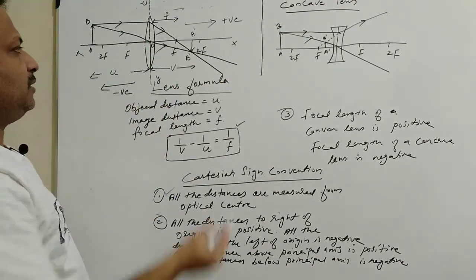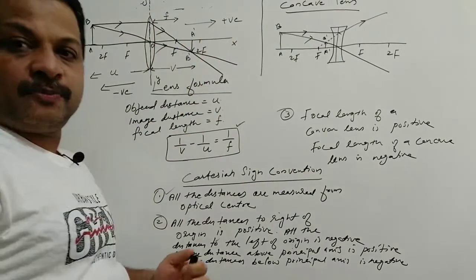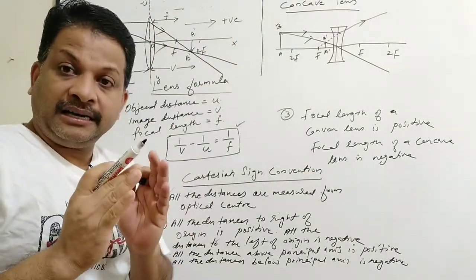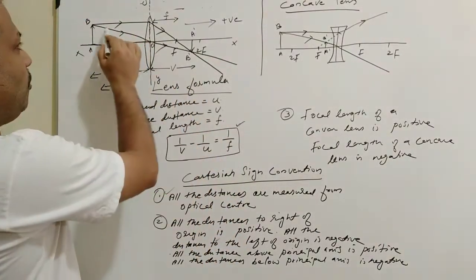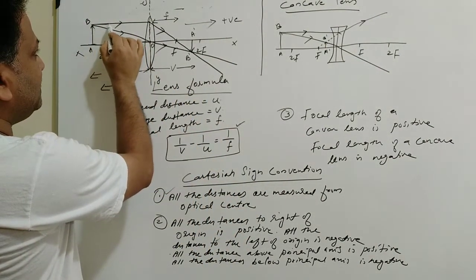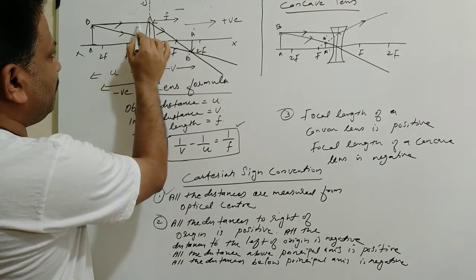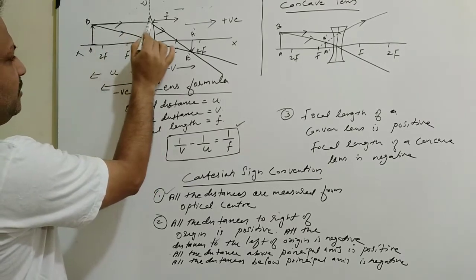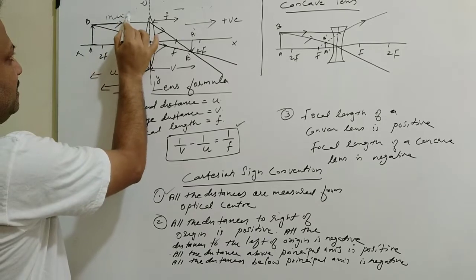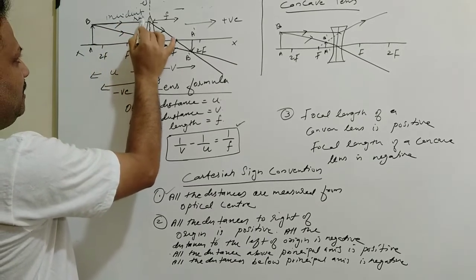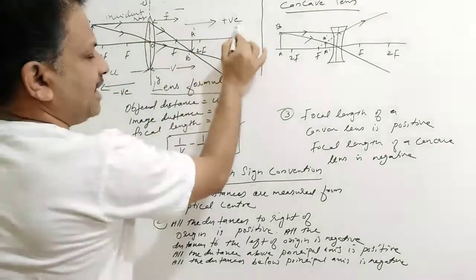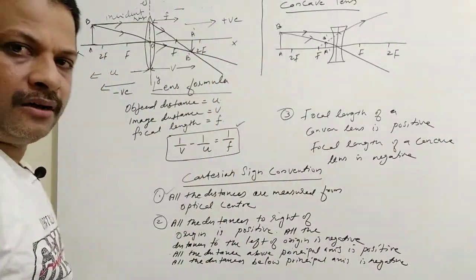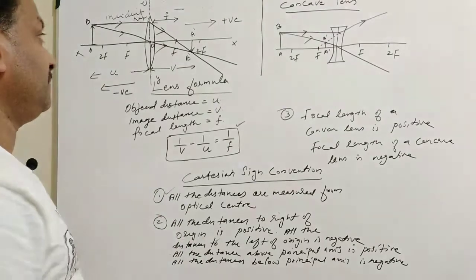Clear? So this rule can be expressed in terms of the direction of the incident light ray. Very simple. All the distances measured in the direction of incident light are taken as positive. This is the incident ray.